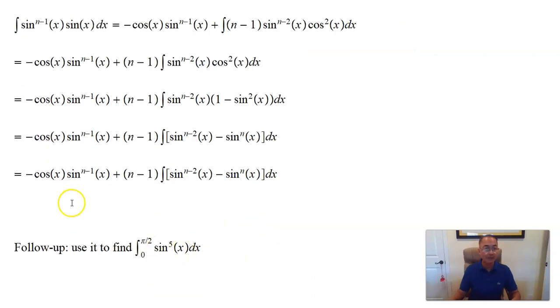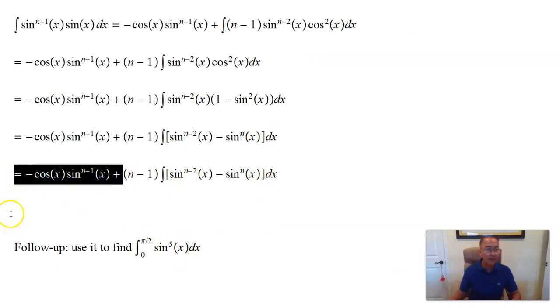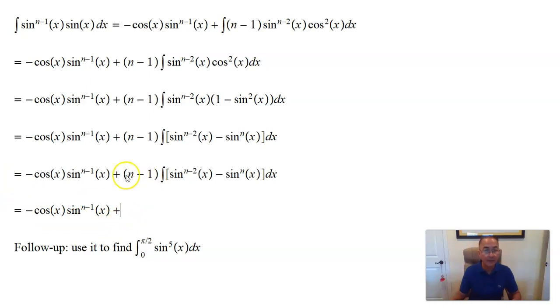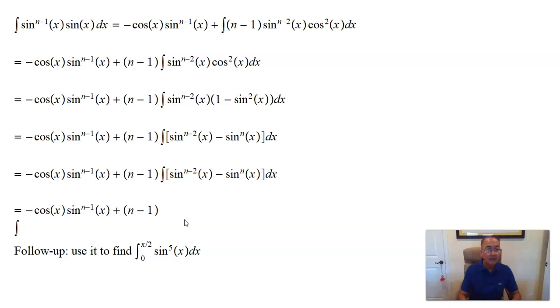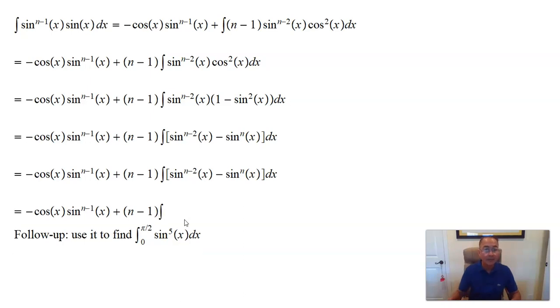So we should distribute this integral out into two terms. I should have included that n minus 1. And integral of sine to the n minus 2 x dx. Keyboard is not cooperating with me today. So this is the first term, dx.